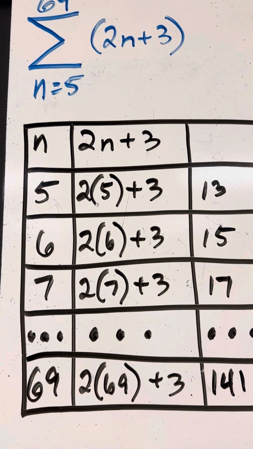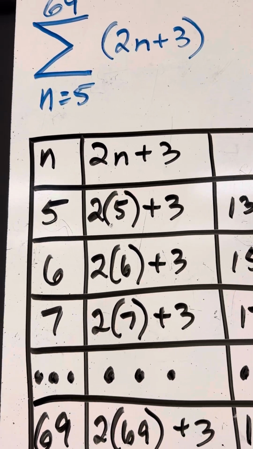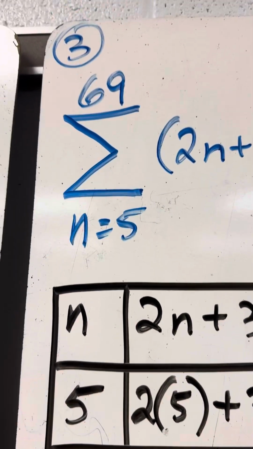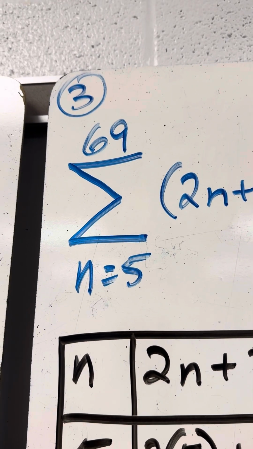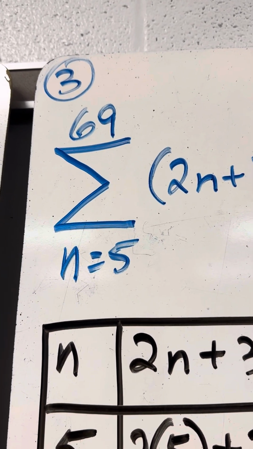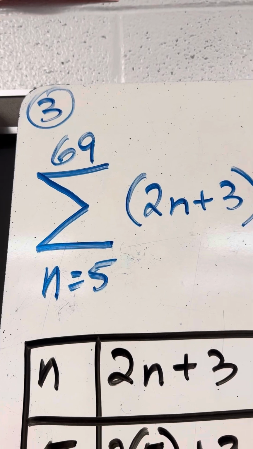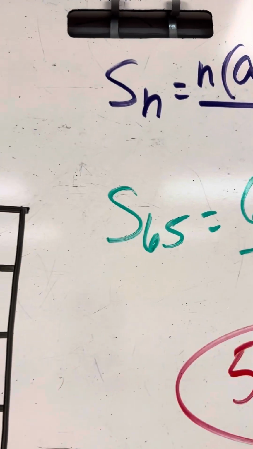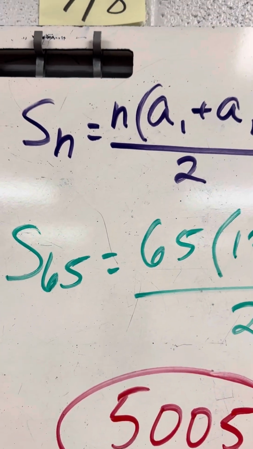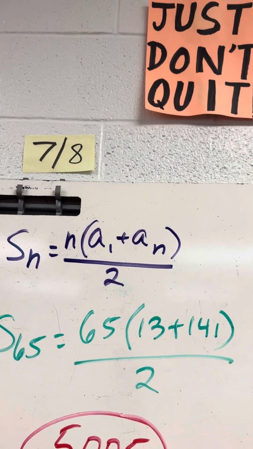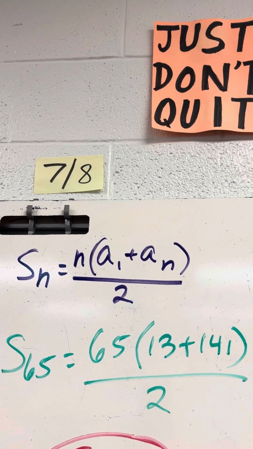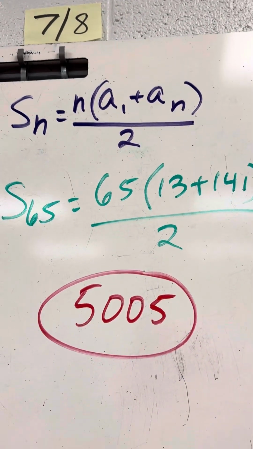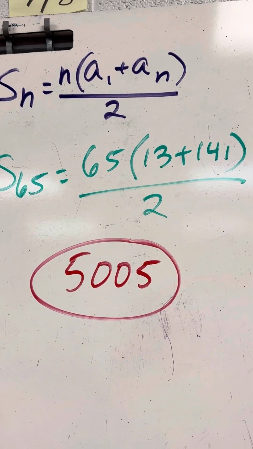Now, keep in mind, how many numbers are there? All right, you got to do 69 minus 5, which is 64, plus 1 is 65, right? So n is 65. So we're going to do S of 65, which is 65 times 13 plus 141 divided by 2, which gives you 5,005.